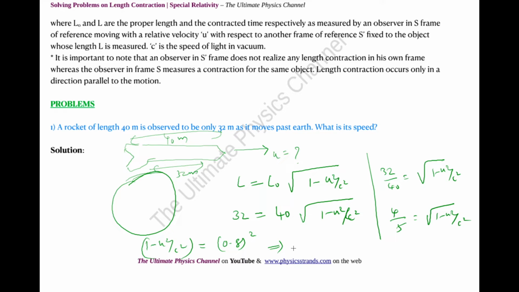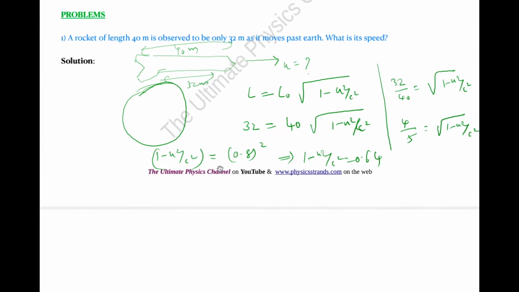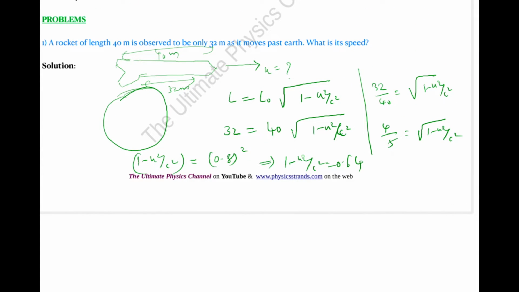That implies 1 minus u squared over c squared is 0.64, and I can do here u squared over c squared is 0.36.